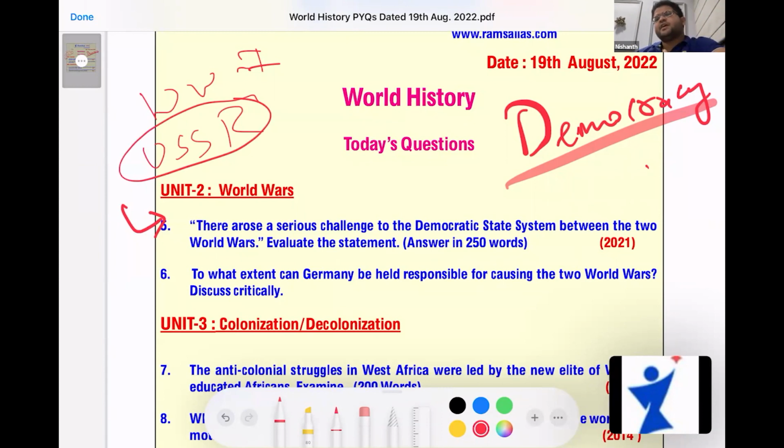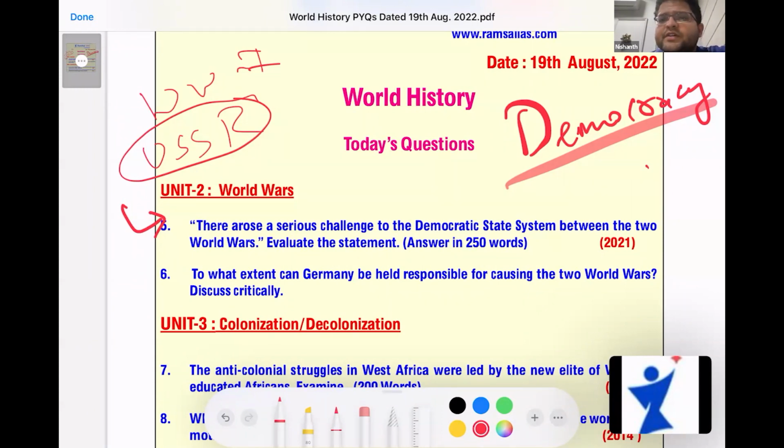The first is the rise of the USSR, an alternative ideology to the democratic ideology, where there was a serious push for communism. And then what are the other challenges?